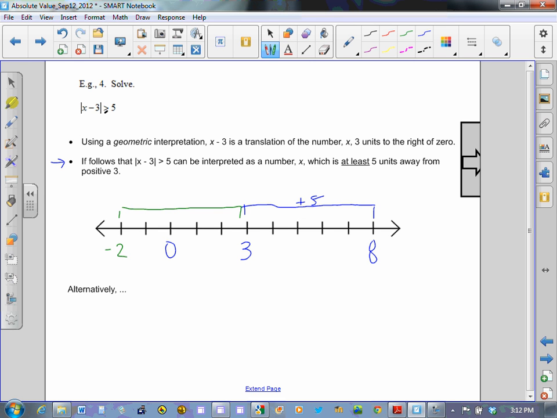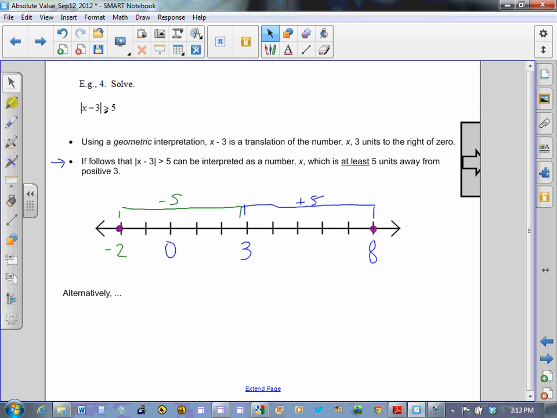Okay, and that was as a result of subtracting 5 from positive 3. So when we look at our representation, we end here at 8, and we end here at minus 2.